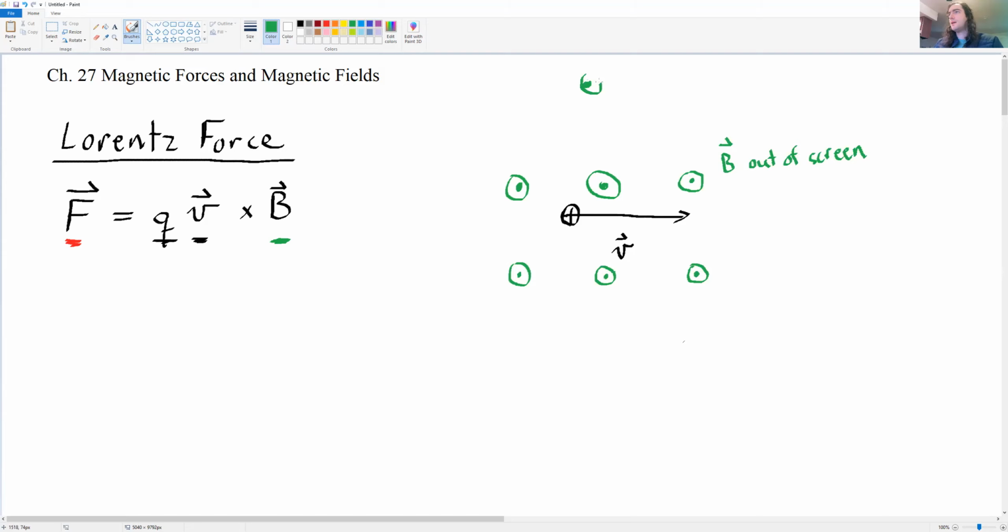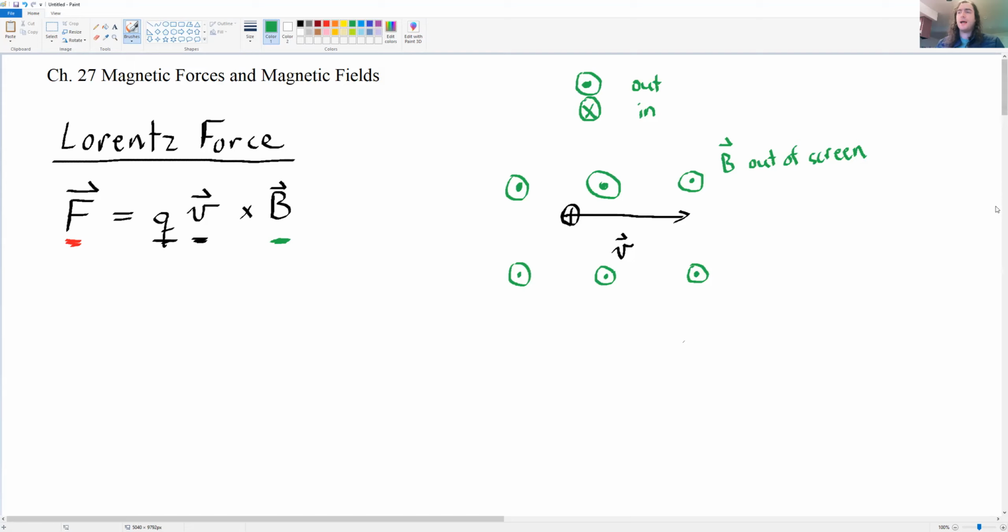So dots mean out, and then crosses mean in. In case you don't remember that from maybe last semester, you might have used that notation a little bit at some point discussing torques and things. Maybe at some point you learned the right hand rule, which we're also going to get a lot of practice with again this semester, today actually.